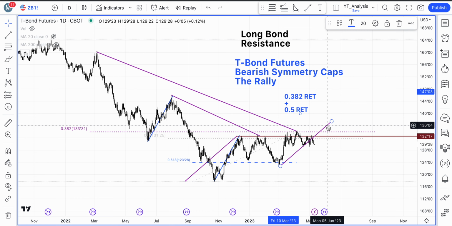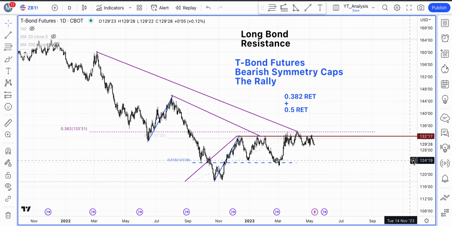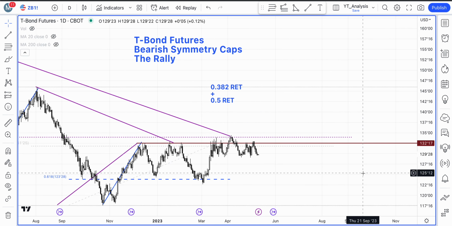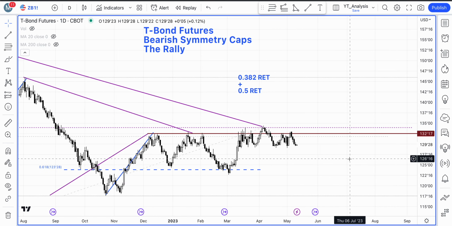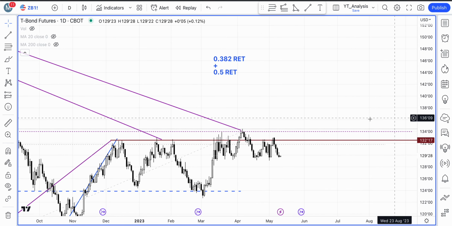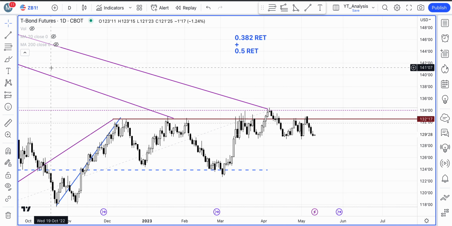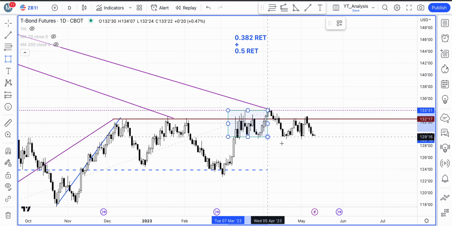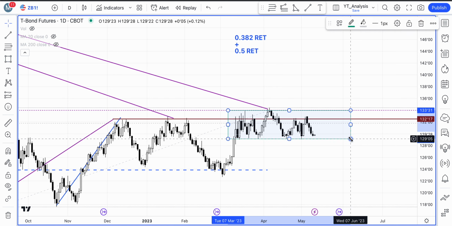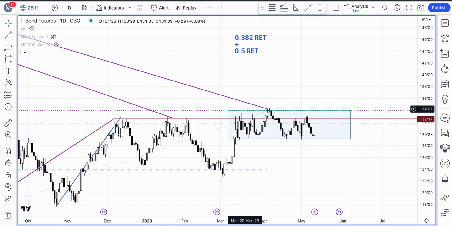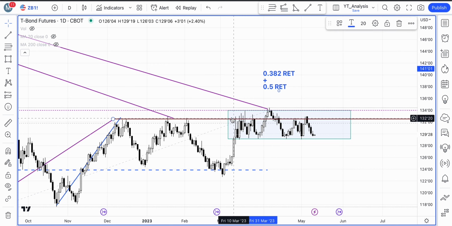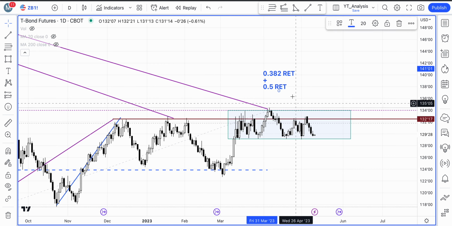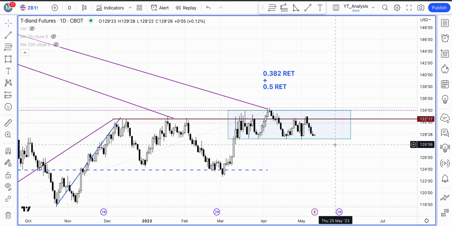But it appears that this market is actually finding resistance and is range bound, so it's trading in a range. Let me try drawing that for you. Here we go. So this resistance coming in from this 38.2% Fibonacci retracement, and also 50% a little bit below that, seems to be pretty heavy on it.